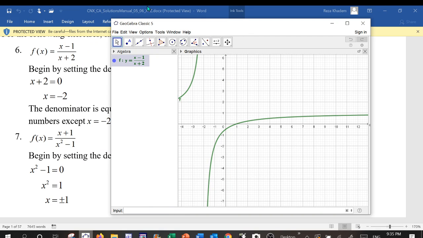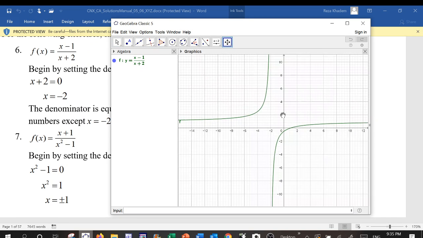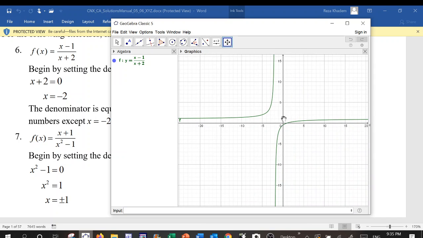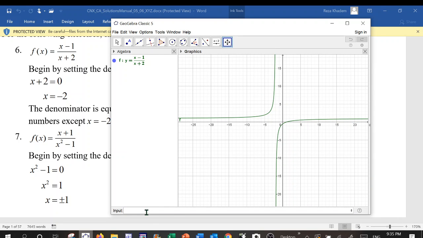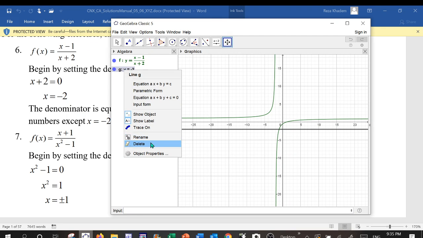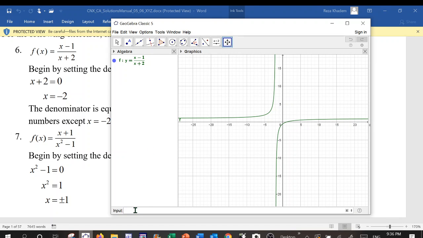And notice here that this graph has a vertical asymptote. If you put y equals to negative 2, I meant to say x, but I put y. So let me delete and do it again. So x equals negative 2.